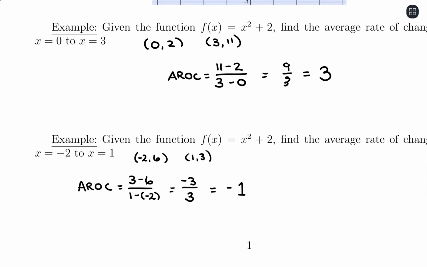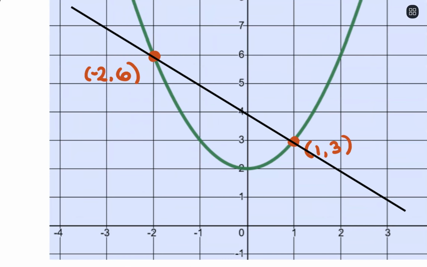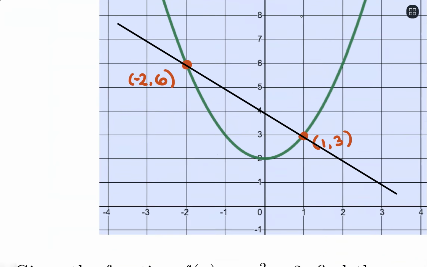So we're seeing a slope of -1, which makes sense. We can see visually this line is decreasing by 1 for each unit. So overall we had a decrease in our function between those 2 points.